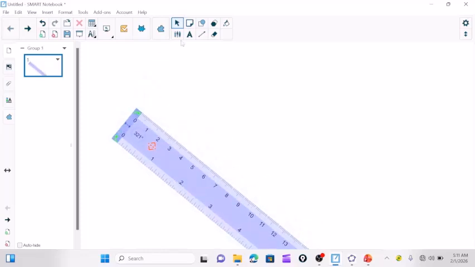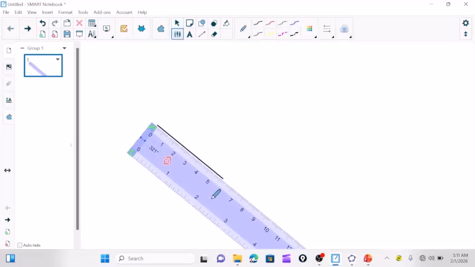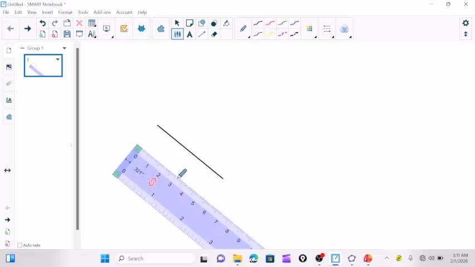Just draw straight, any four-sided shape. As you draw, don't forget to take the measurement. This is 5 point what? This is 5.7. So just measure 5.7. Don't forget we are using a centimeter ruler.